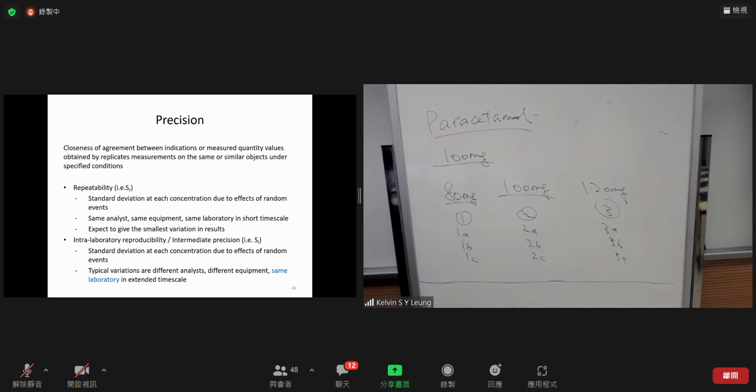So we have this kind of precision study in our method validation to know whether there are any variations between analysts. And similarly, if you have different pieces of HPLC, hopefully we won't have different performance among different HPLC.